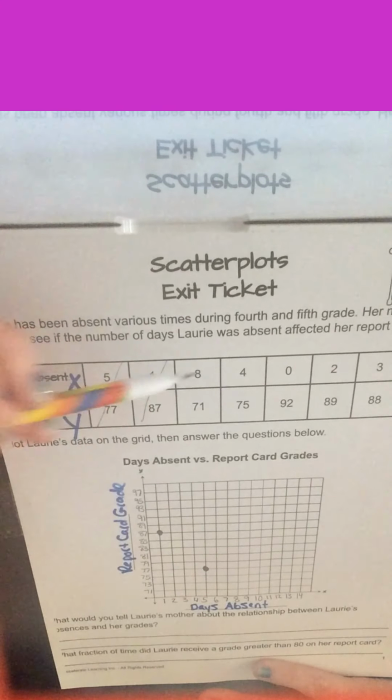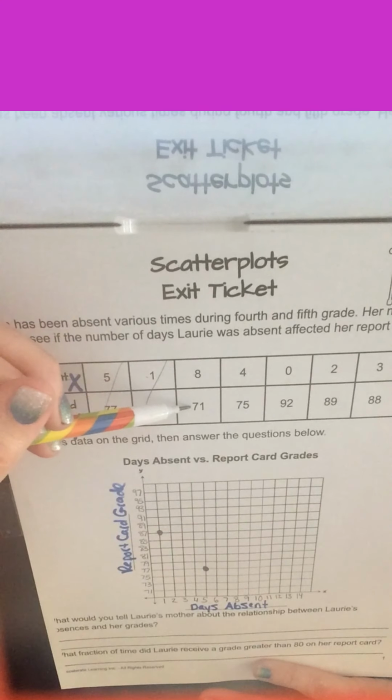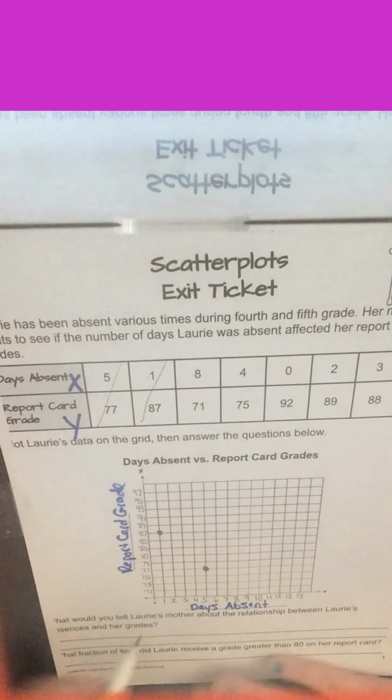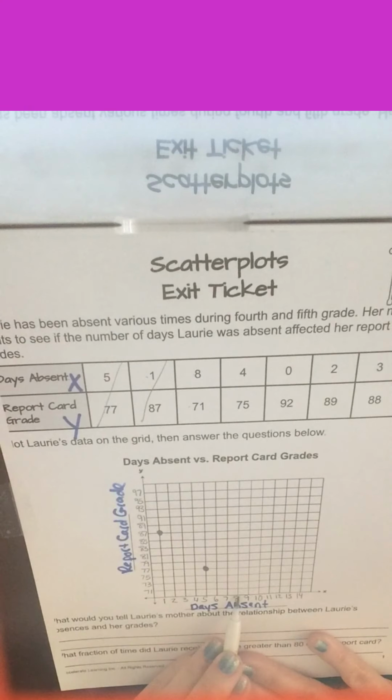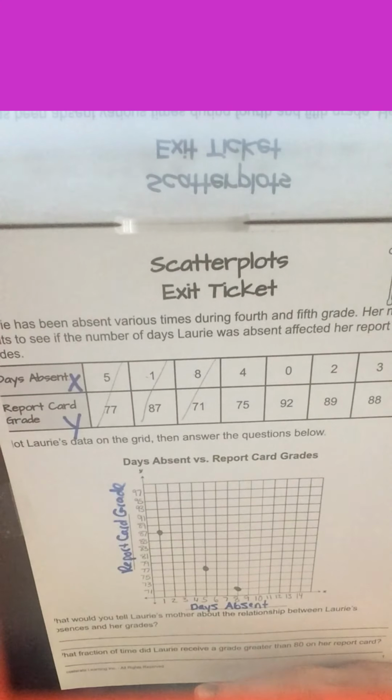So for my X, next I have 8 days absent, and then the report card grade dropped down to a 71. So I'm going to go over to 8, and then I only have to go up 1 for my Y to plot my point. And this is just a different way to represent sets of data. That's what's great. In 5th grade, you learn so many different ways and different graphs.